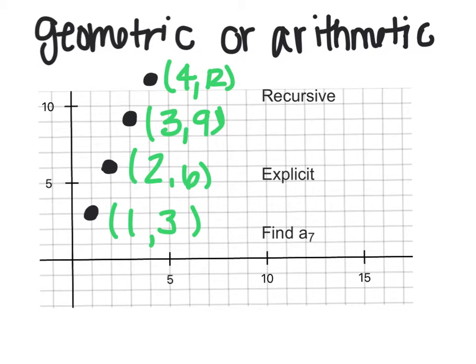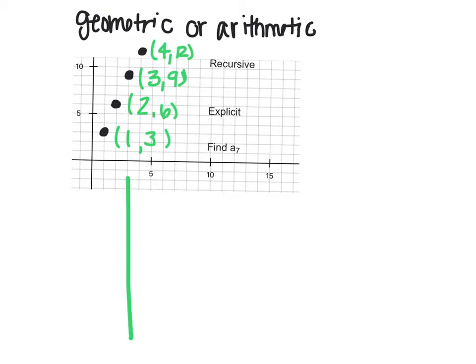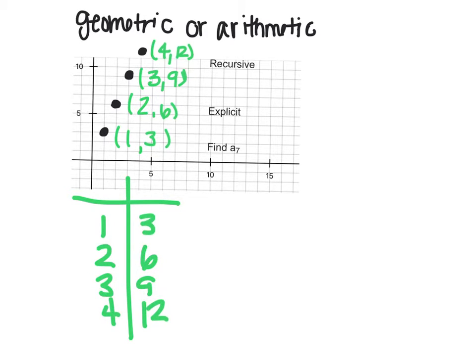So listing out my points in order and in a table, I have 1, 3, 2, 6, 3, 9, and 4, 12. And I've got to figure out what the pattern is, how my x's or my y's are either increasing or decreasing. Well, it looks like they're increasing because they're getting bigger. So I've got a couple options.